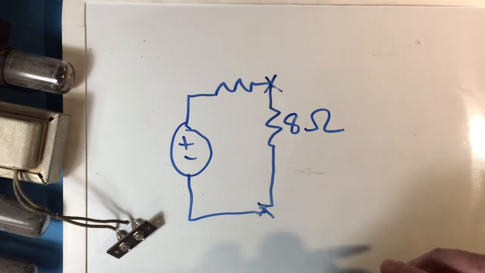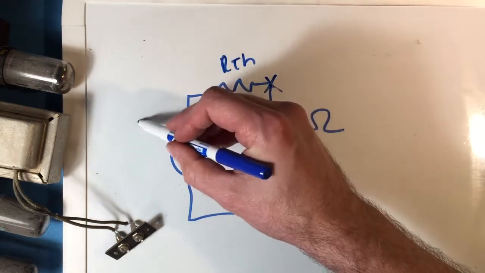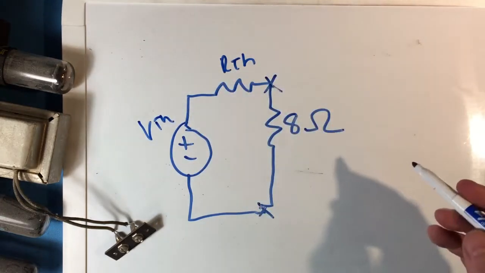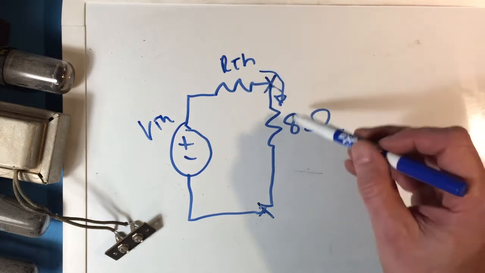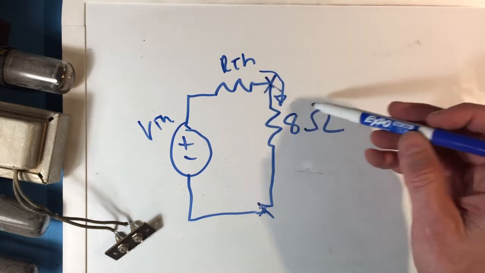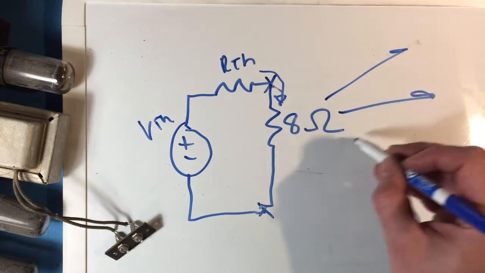Now, what we want to do is figure out what RTH and VTH of the amplifier are, and when we know that, we could figure out the amount of power that's being delivered to the 8 ohm speaker. And that power is converted to acoustic sound that radiates out of the speaker.